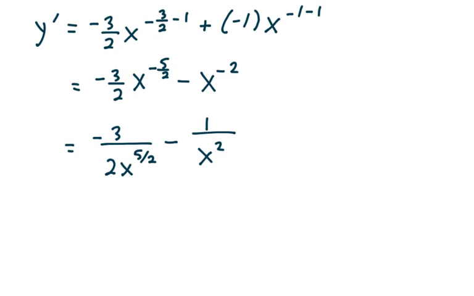Now, I'm going to get a common denominator because, again, I do think it's good practice for us to be able to do that. Now, remember that 5/2 is the same as 2.5. And so I'm going to multiply the numerator and denominator by x to the 1/2. And again, I'm going to actually take it a step further. I'm going to multiply the numerator and denominator by 2x to the 1/2.